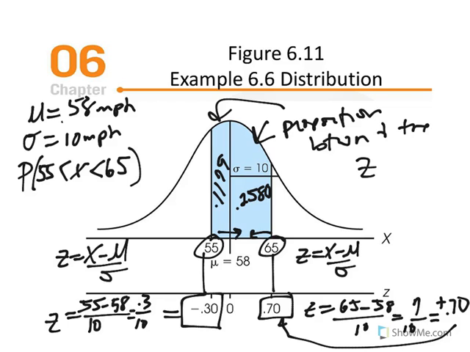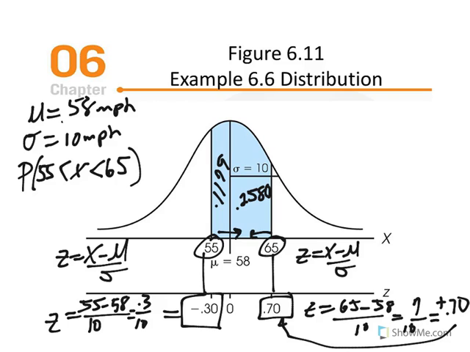And I'm going to clear up some of this so that we can see this a little easier. So we can take that original probability statement and now use it in reference to the z-scores. So the probability of a z-value that is less than 0.7 but greater than negative 0.3. And again, it's the process of taking this area here and adding it to that area.